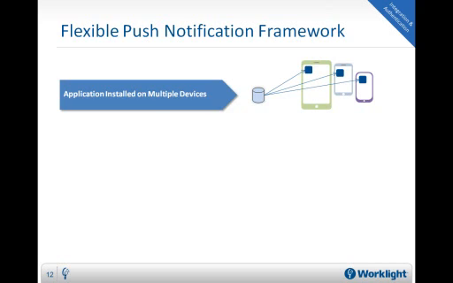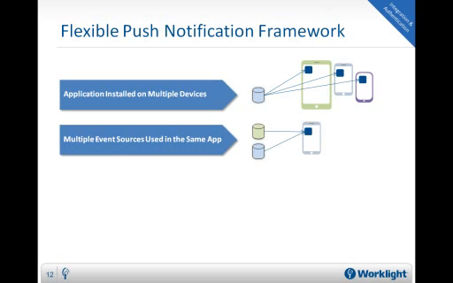So let's go over them now. Application installed on multiple devices. In this scenario, the user can install the same application on multiple devices, for example, an Android phone and an iPad, and subscribe for the notifications separately on each device. The server can decide whether to send a notification to all of the user's devices or only to one of them, again, according to your custom code.